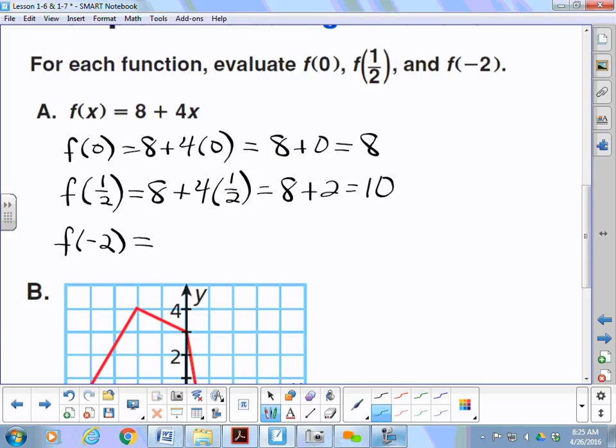But really all this is doing, when they tell us to evaluate when x equals 0, 1 half, and negative 2, we put those numbers in. 4 times negative 2 is negative 8, so we get 0.